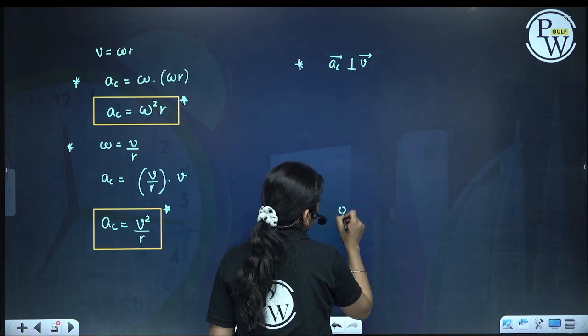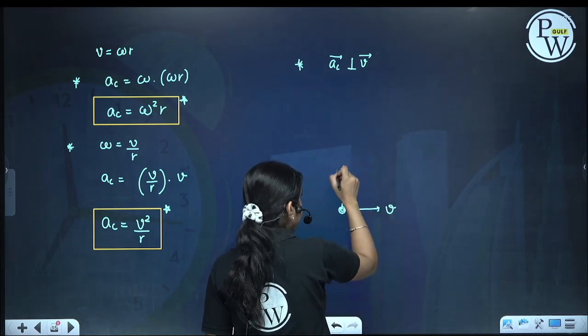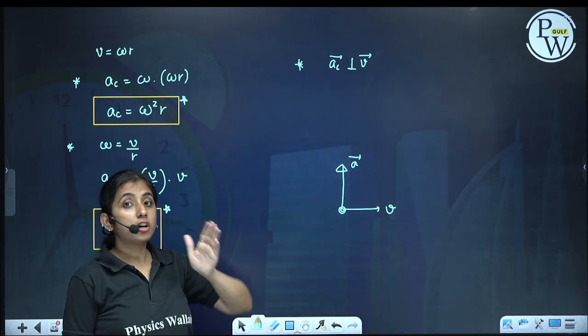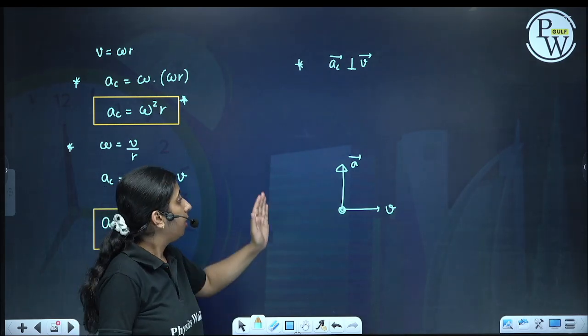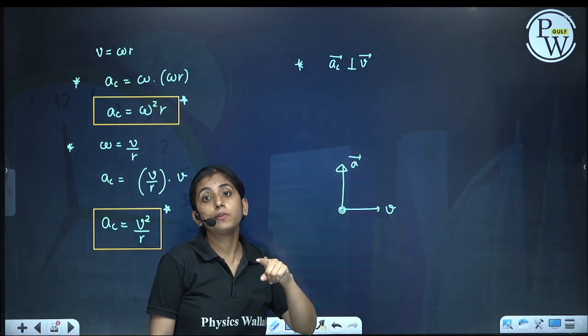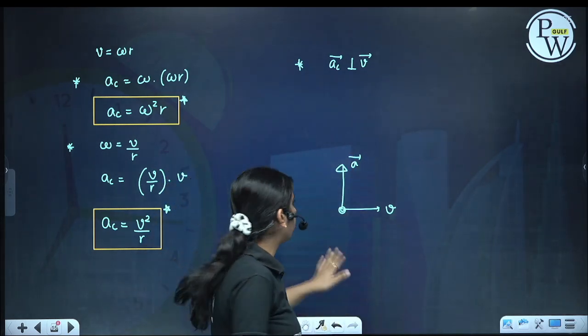Now if my particle is moving in this direction and acceleration is in this direction, this acceleration will not change the magnitude of velocity, because only the component of acceleration in the direction of velocity will change the magnitude of velocity.